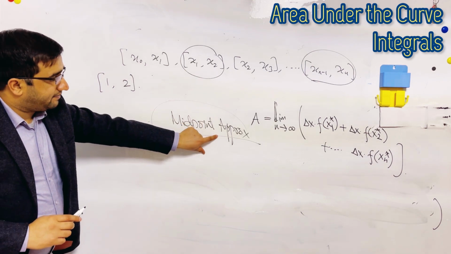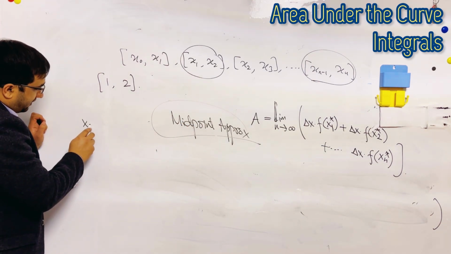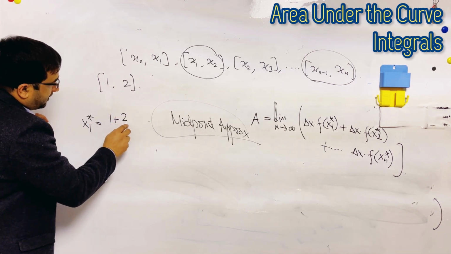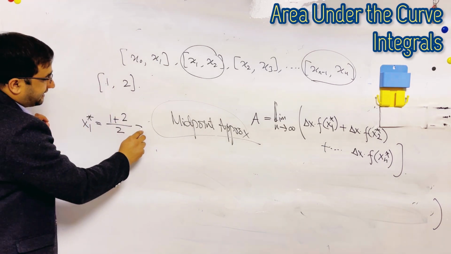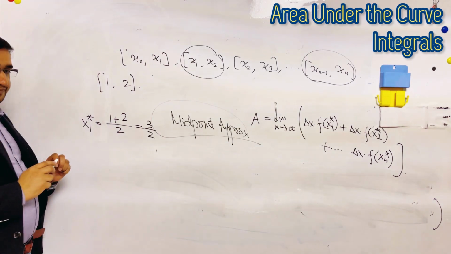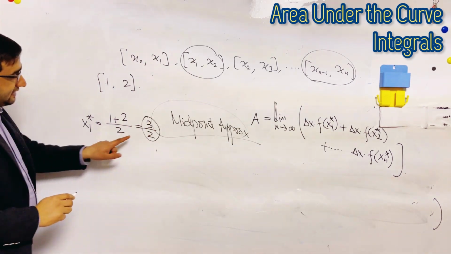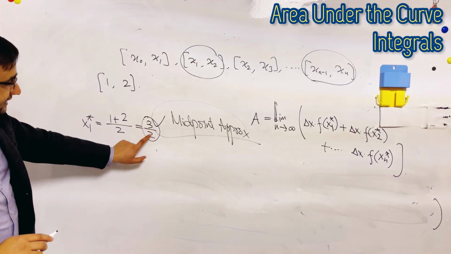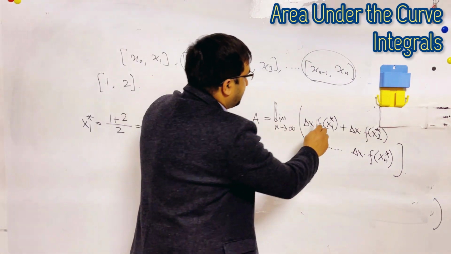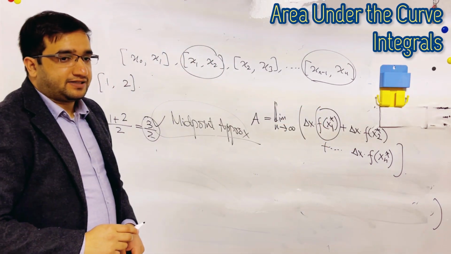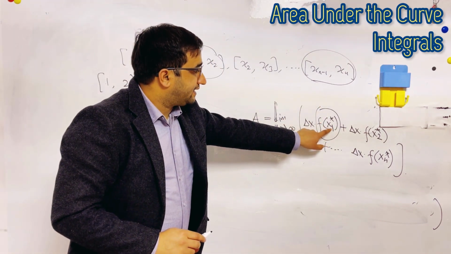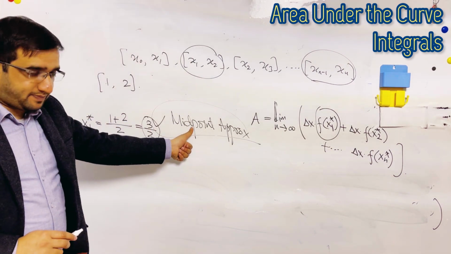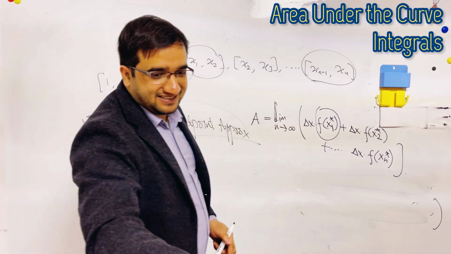If you want to apply the midpoint rule, you have to calculate x1 star, that is 1 plus 2 divided by 2, that is 3 divided by 2. This is the point in between these two numbers. This is the midpoint. You will use this value for the first slice. So the function value for the first slice will be calculated at this point according to the midpoint rule. Do you get it?